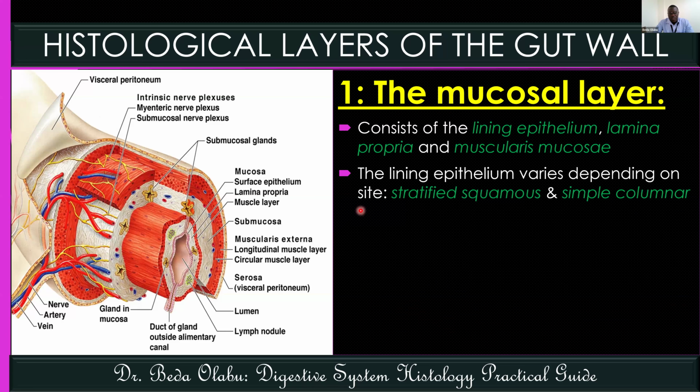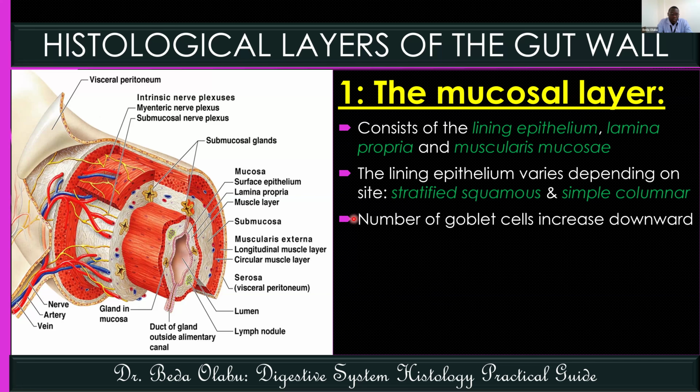The other concept on this epithelium that is also important to note is that the epithelium of the gut wall has some scattered goblet cells. The number of goblet cells apparently increases as we move from the stomach all the way to the rectum.